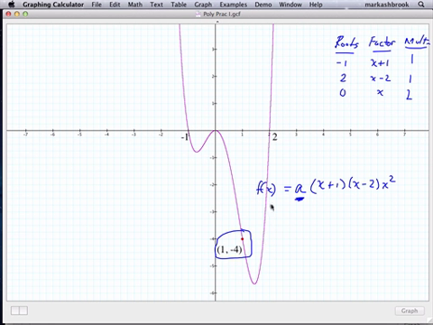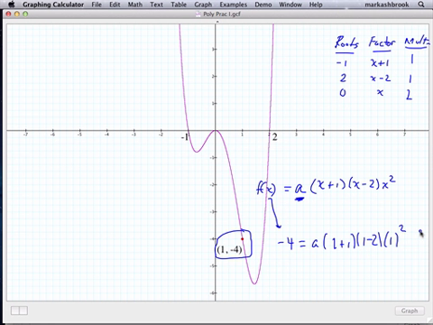So f of x equals what? -4 equals A times 1 plus 1, 1 minus 2, times 1 squared. Does it make sense? Just the roots and the multiplicities give us an infinite number of functions, because we could have any constant factor multiplied by those factors.